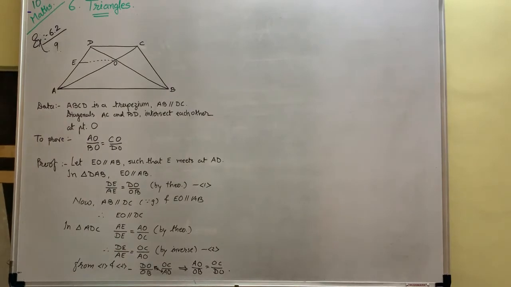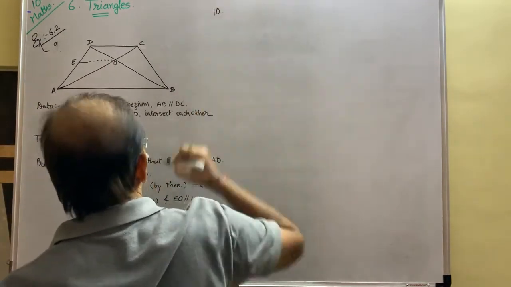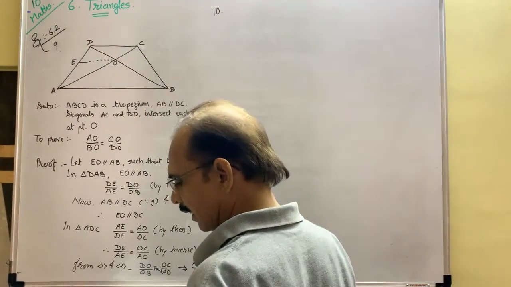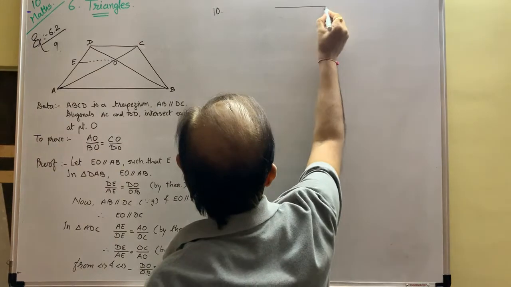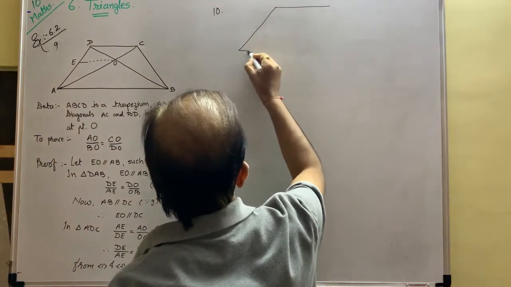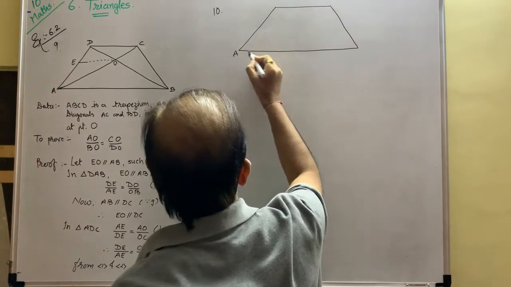Right? Now the last question of this exercise, number 10, is just like 9. Diagonals of a quadrilateral ABCD. Here I draw a trapezium because I am going to prove a trapezium. So I draw this.